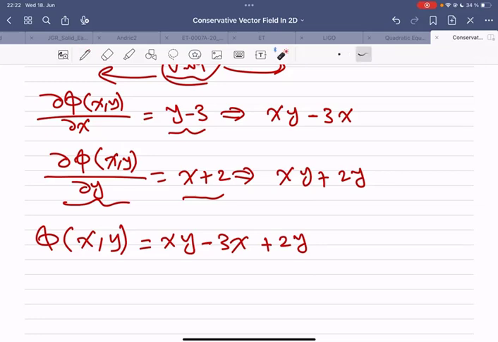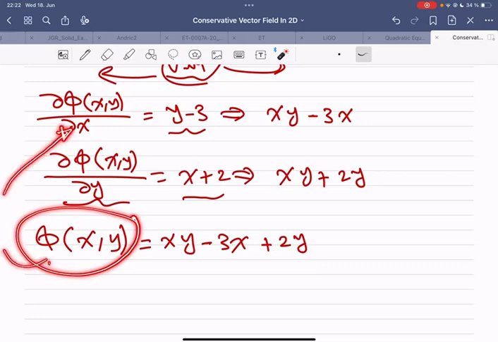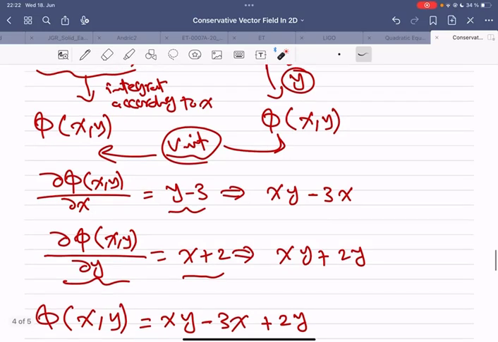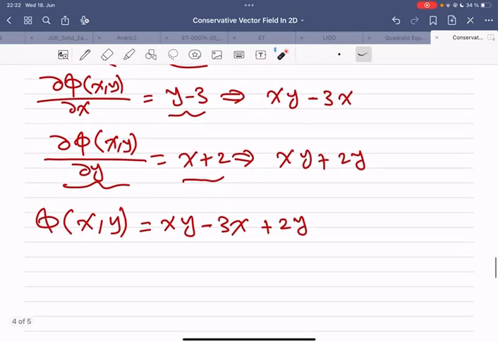So if you want to check, differentiate phi according to x, it will give you y minus 3. If you differentiate it according to y, it will give you x plus 2, which is n. So this is another way.